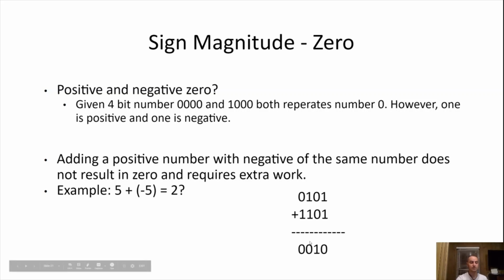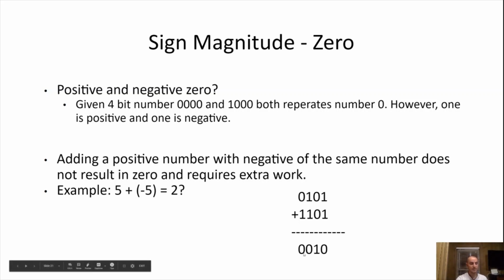If you're adding this, how we talked, 1 plus 1 is 0, carry 1, 1 plus 1, 0, carry 1, 1 plus 1, 0, carry 1 is overflow, so that one is discarded. Whenever you're working with, let's say, 4 bits, anything that is extra overflow is gonna be discarded.